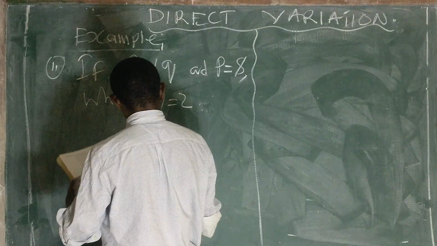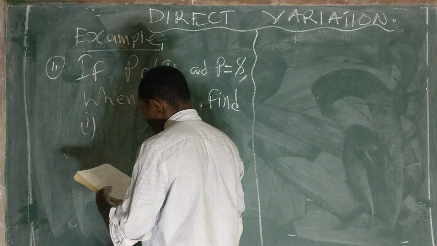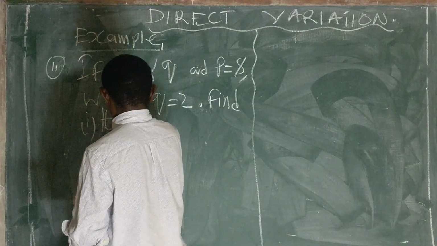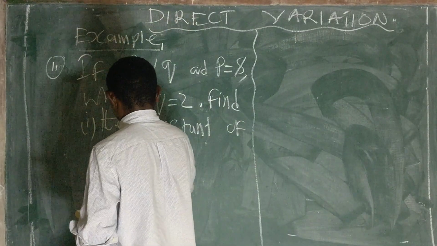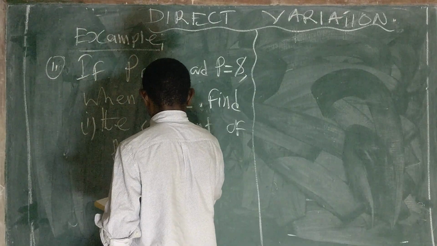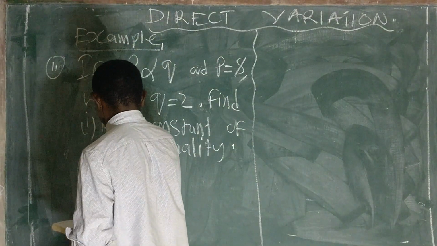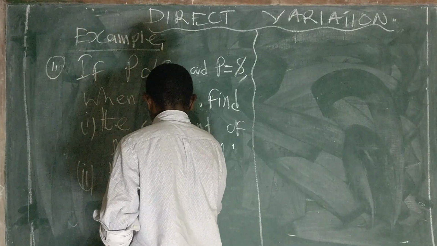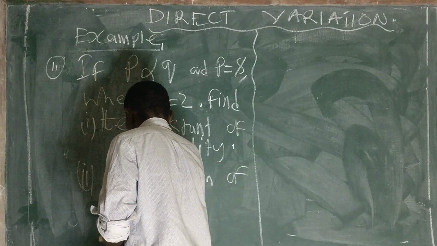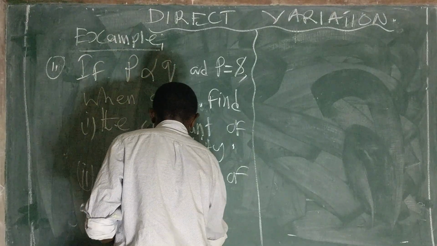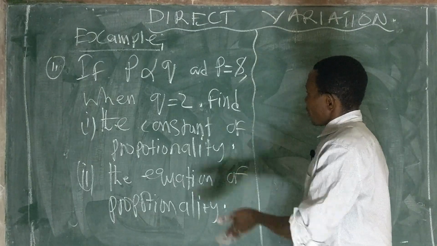They are asking us to find, one, the constant of proportionality, and two, the equation of proportionality. Right, so that's what we have here.